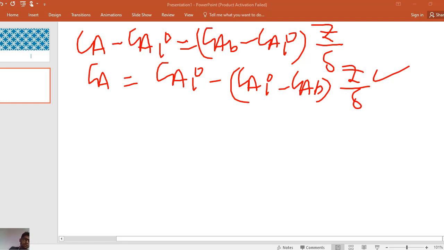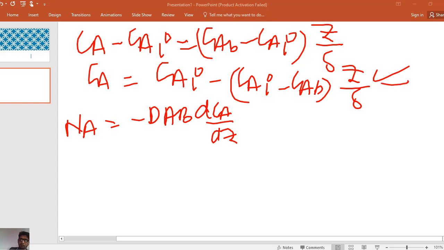The flux of A in the Z direction is minus DAB dCA by dZ.